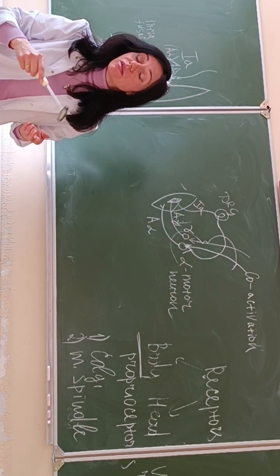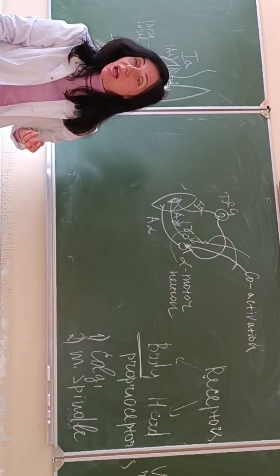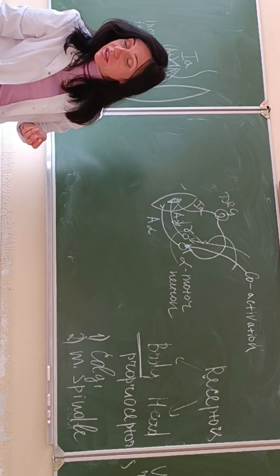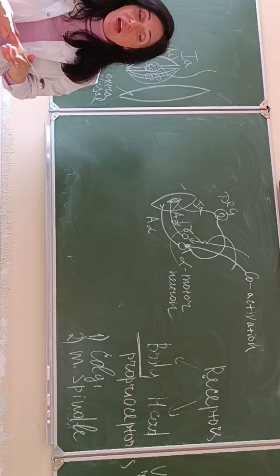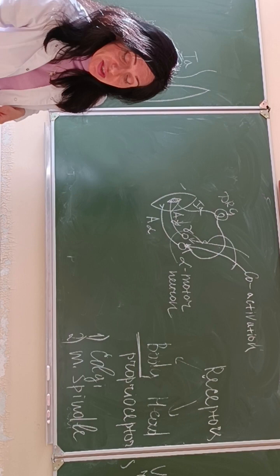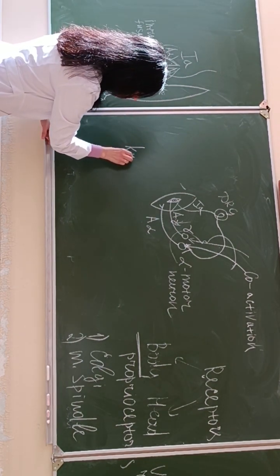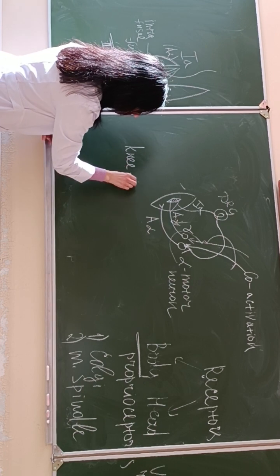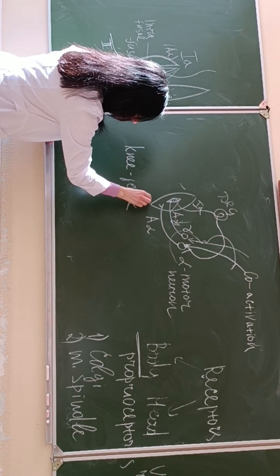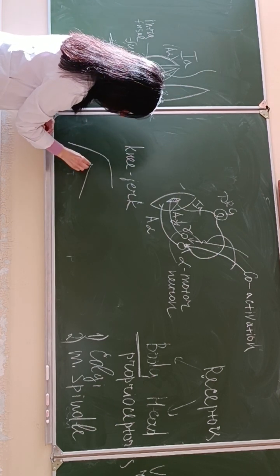You can impact the tendon of the quadriceps, or the Achilles tendon, but the more famous is the knee jerk reflex.